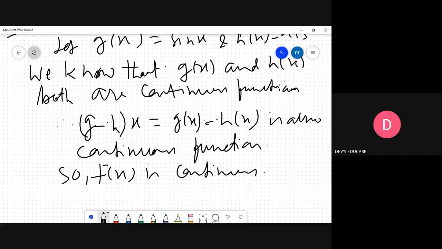So what is the cotangent function? cot x is not defined for x equals 0 degrees. So except that point, everywhere it is continuous.